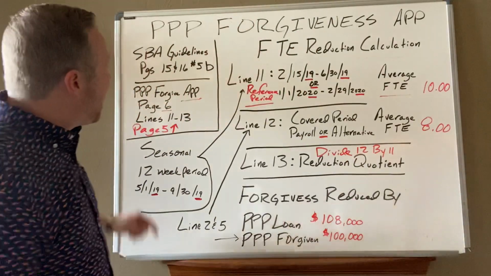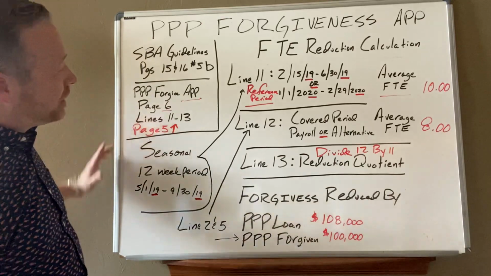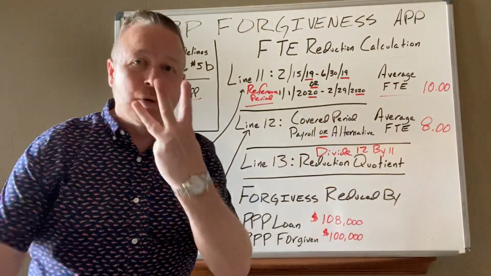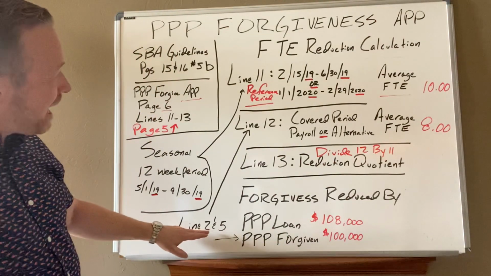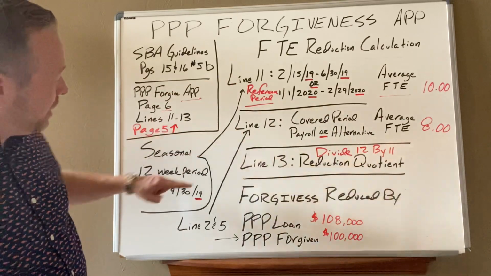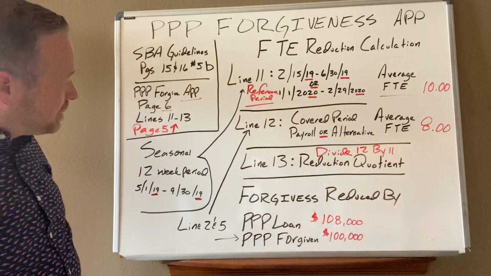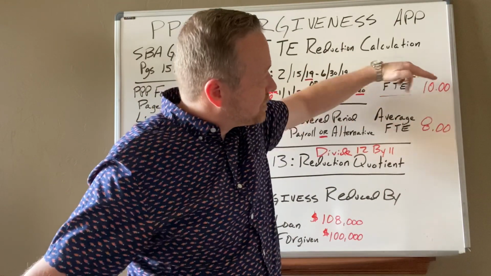Bottom line is that you're looking at these SBA guidelines, you're looking at this part of the application. This is walking you through just 3 line items. But notice this, line 2 and 5 on page 6 feed into line 12. You have a seasonal period that goes into this place. And all you're putting on the application is this and this.